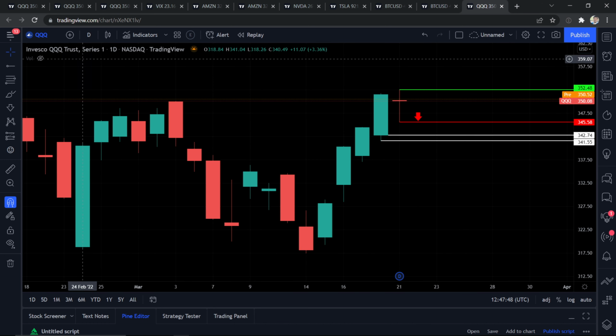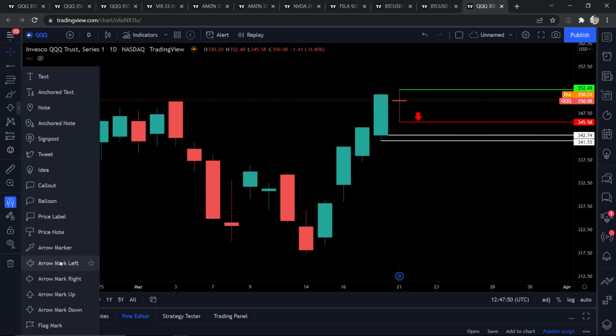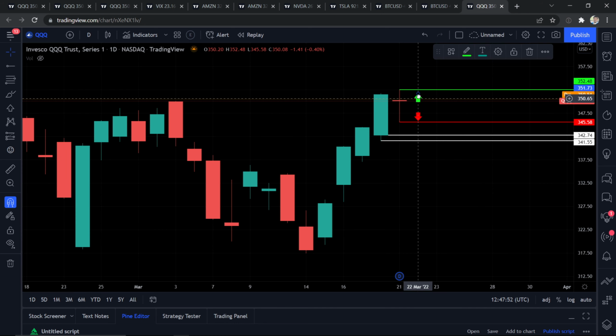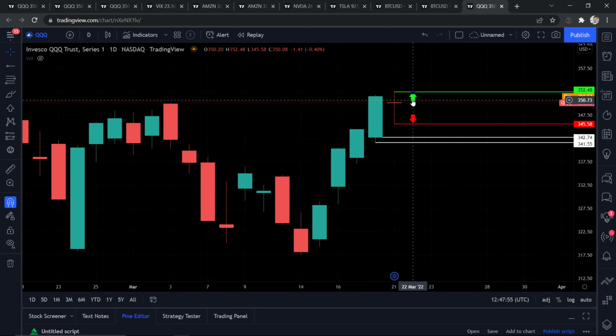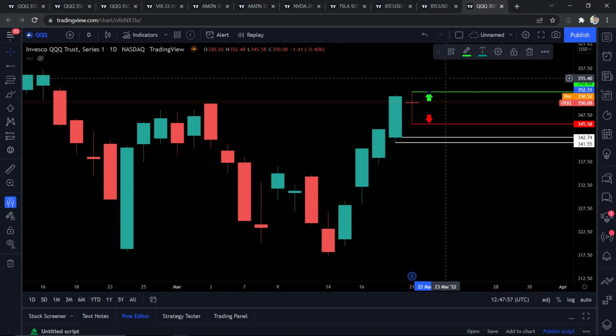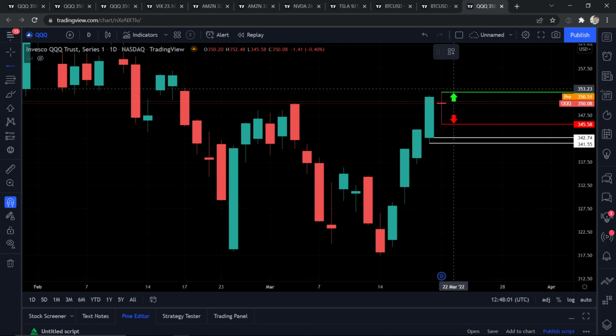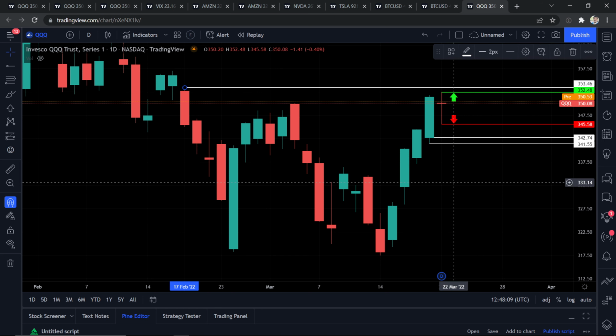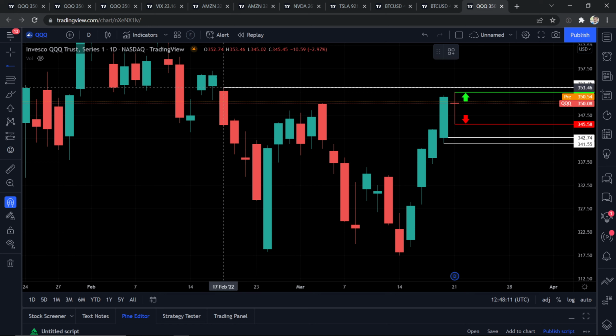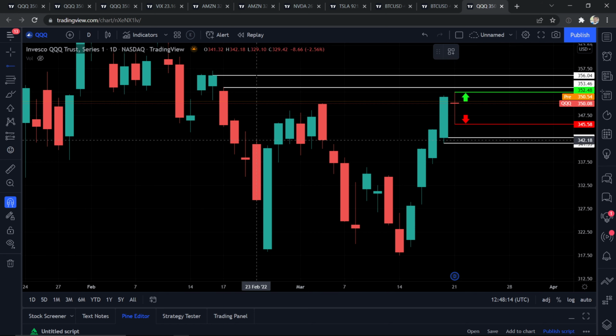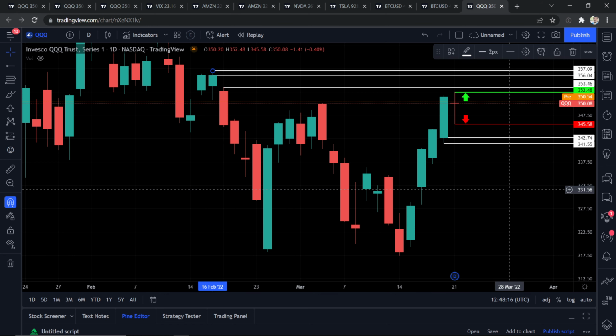Now if we break above the high of day from yesterday, then this is where you need to have additional price targets set up on your chart. So above this 352.48, the levels we have are essentially 353.46, and then there's a level up here at 356 and another level at 357.